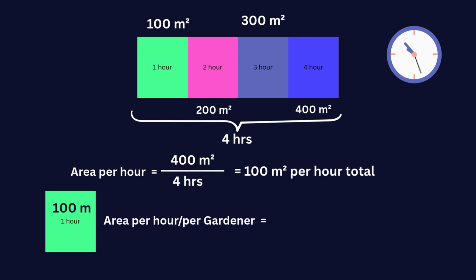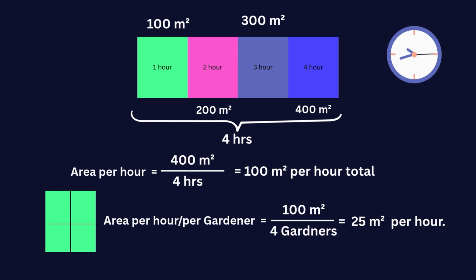We can write that as area per hour per gardener, equal to 100 square meters divided by 4 gardeners. If I do the division, I will get 25 square meters per hour. So each gardener with their mower does 25 square meters per hour.